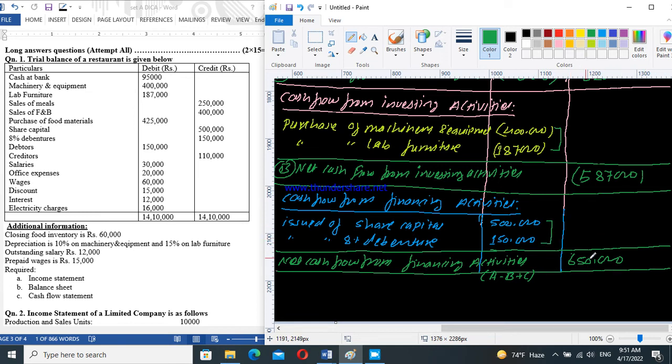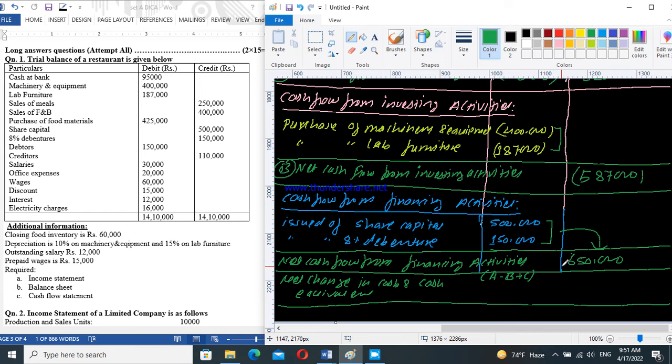Summation of these two amounts is over here. Okay, and net change in cash and cash equivalent. This is the final answer of the cash flow, because here there is no opening cash balance.